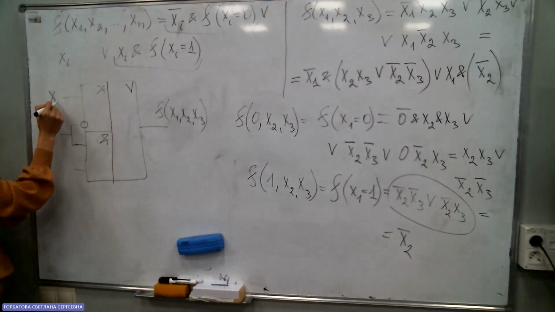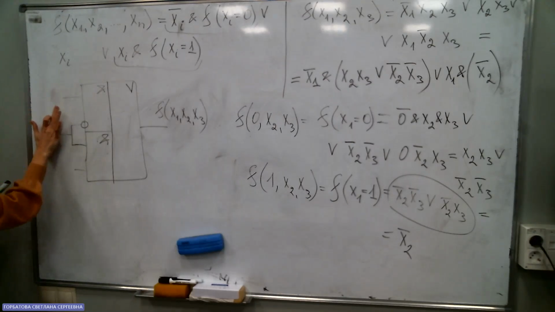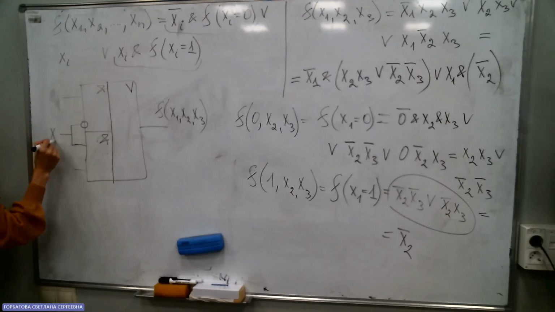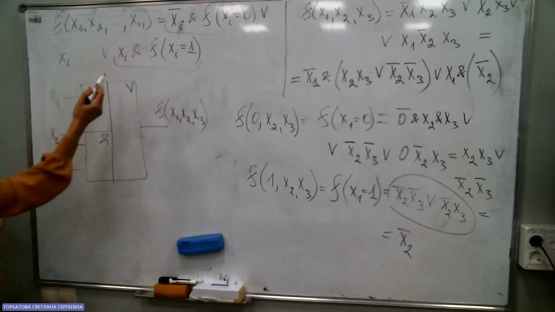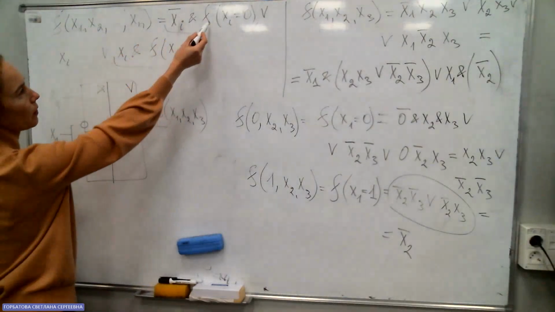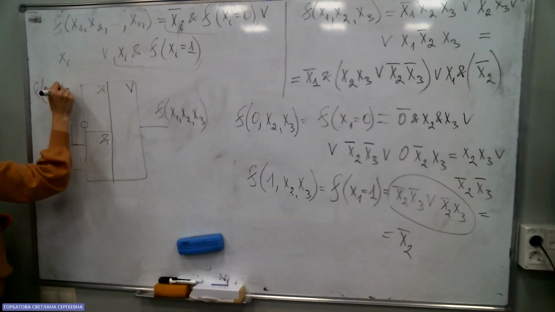So x1 is equal to 0, x1 here, then function f of 0, x2, x3.